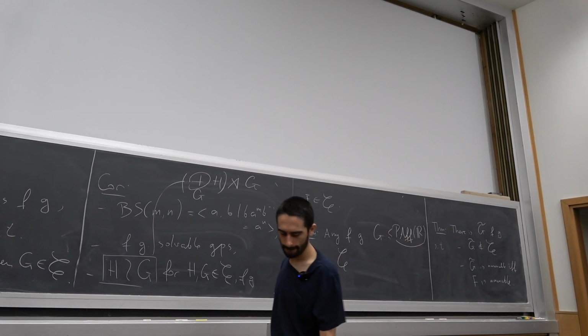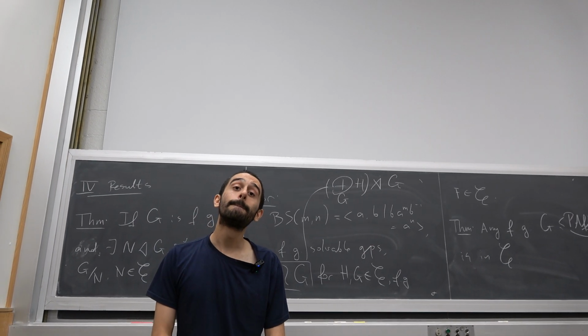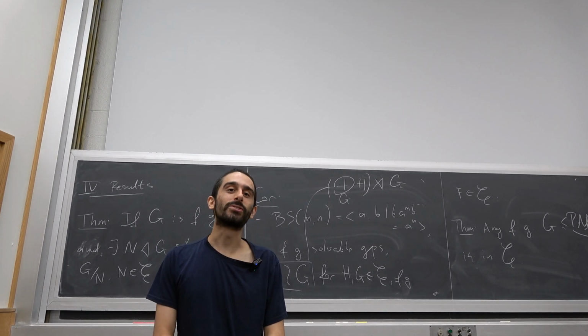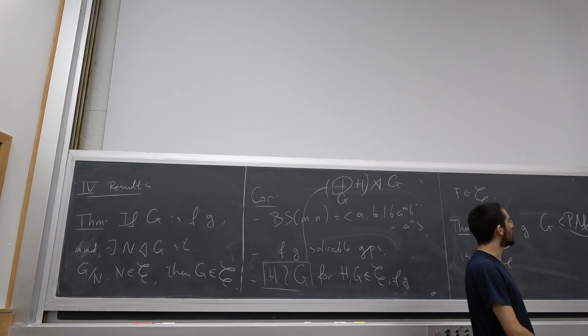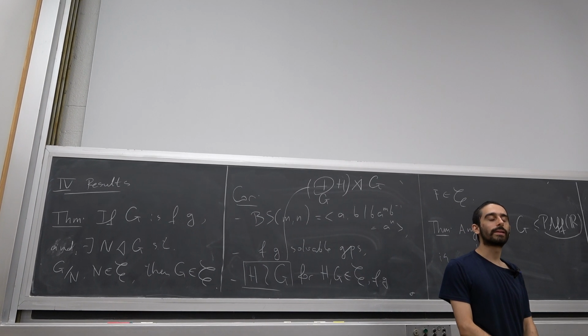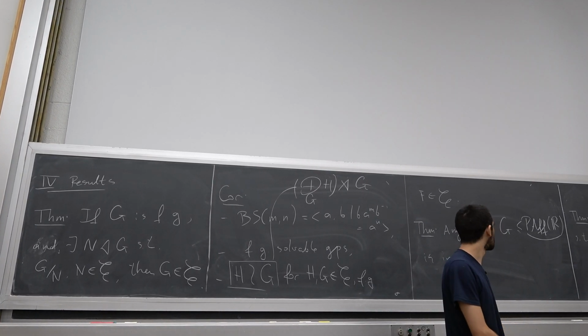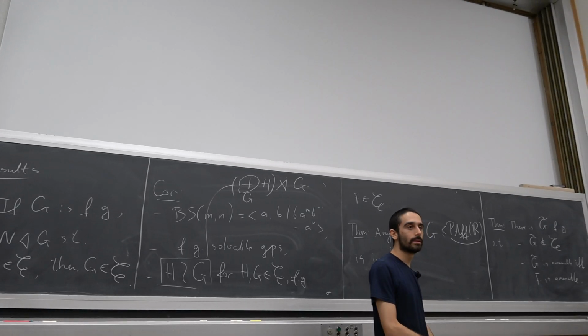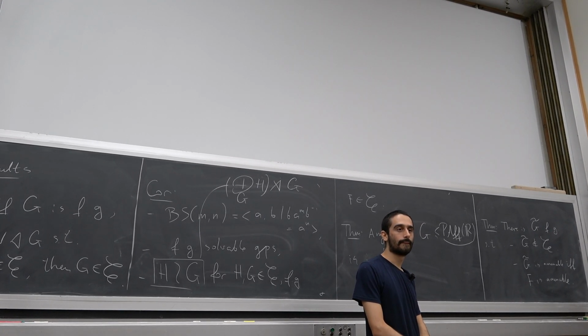You find this G tilde in PPR? No, it's not a subgroup. So in the homeomorphism group of R. What? I didn't get the question. G tilde lies in the homeomorphism group?